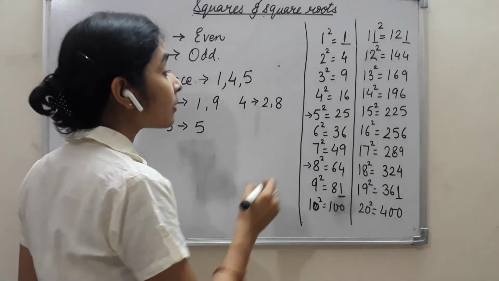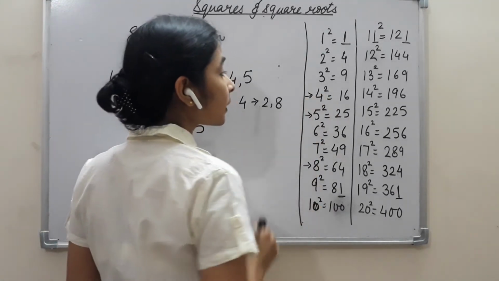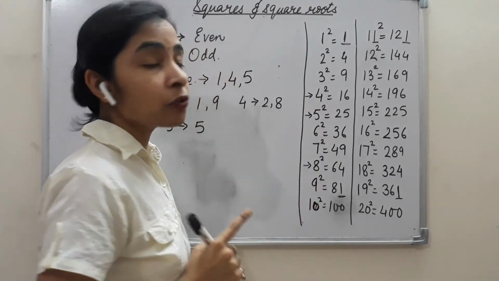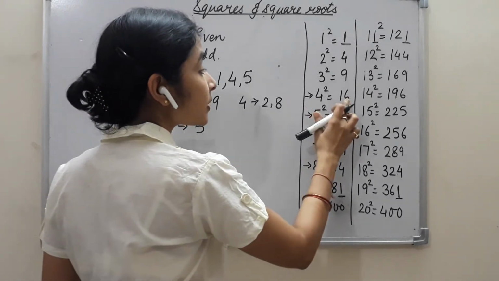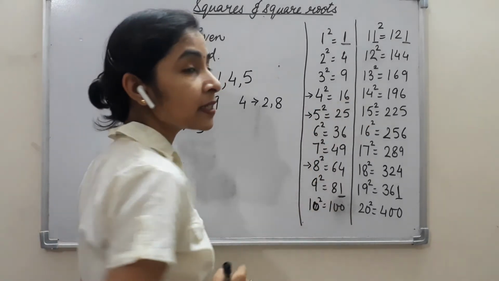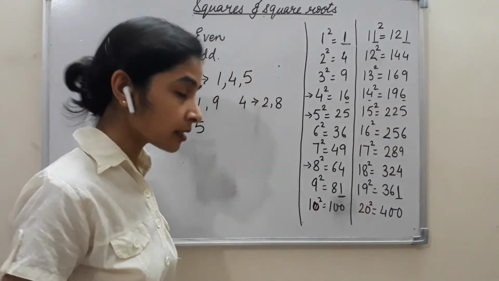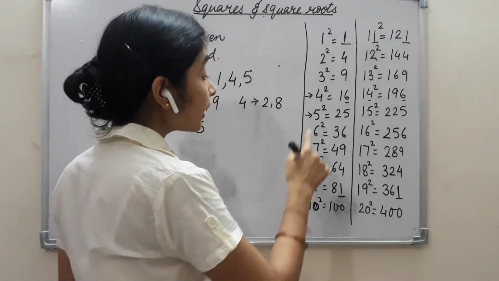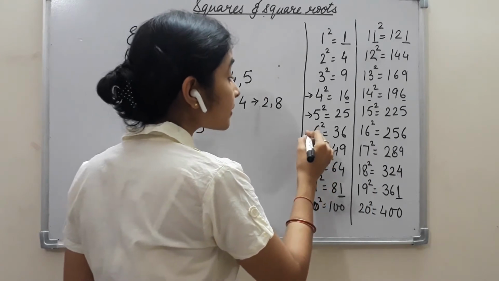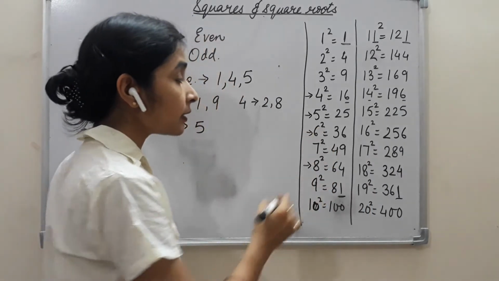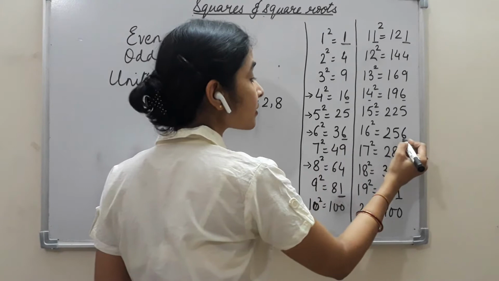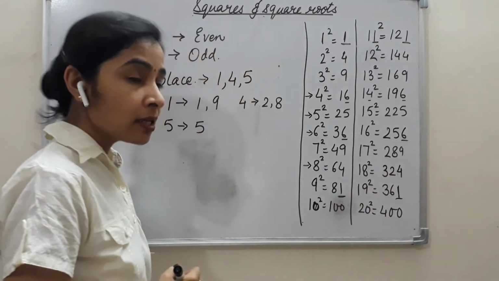Now if we come to 4, the square of 4 is 16, which means in the units place we have 6. In 14 we again have 6 at the units place. Again if we come to 6, here also at the units place there is 6, and in 16 also there is 6.